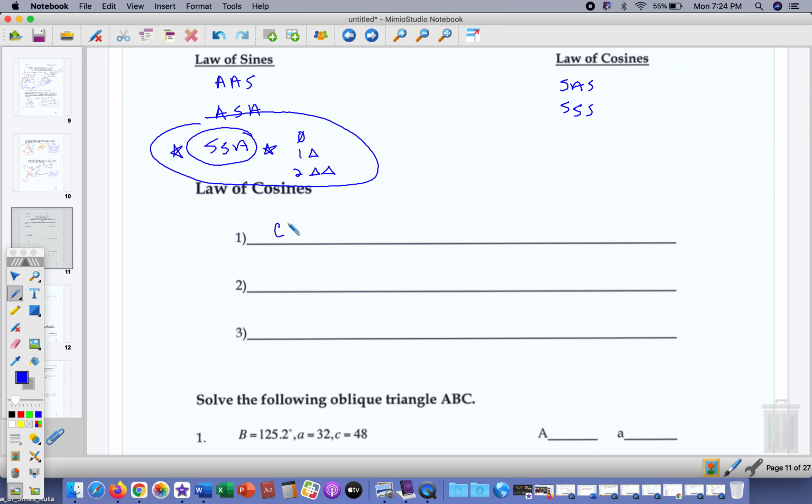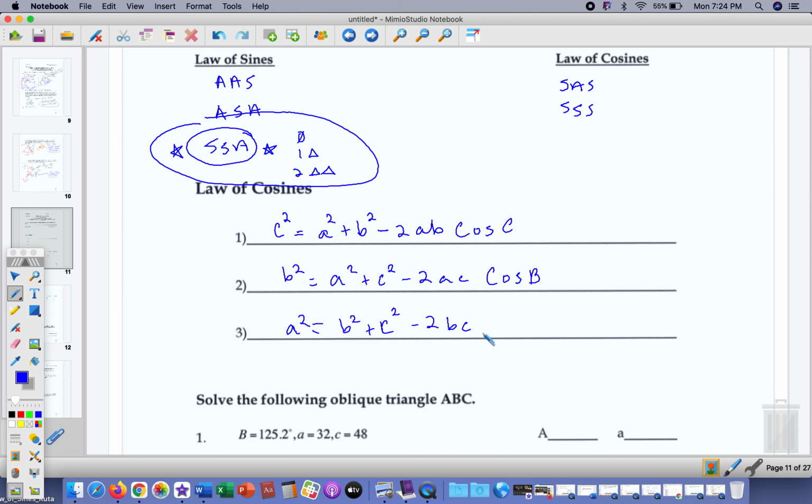We would get c squared is equal to a squared plus b squared minus 2ab cos c. b squared is equal to a squared plus c squared minus 2ac cos b. a squared is equal to b squared plus c squared minus 2bc cos a.